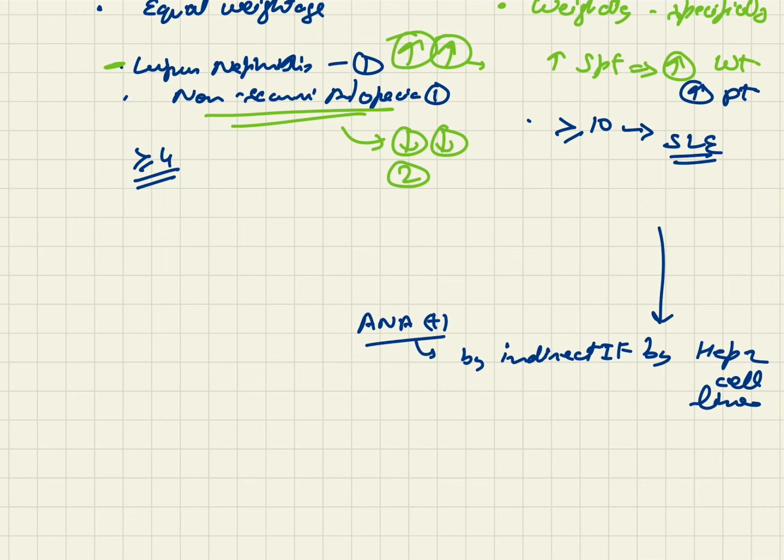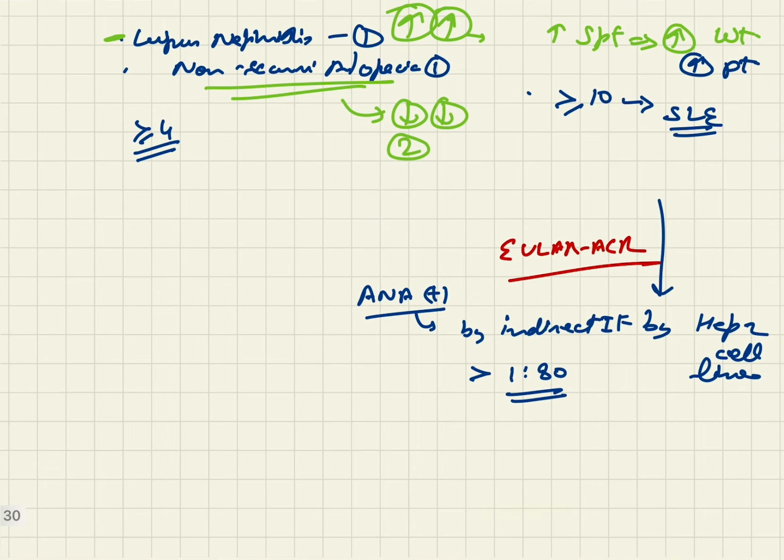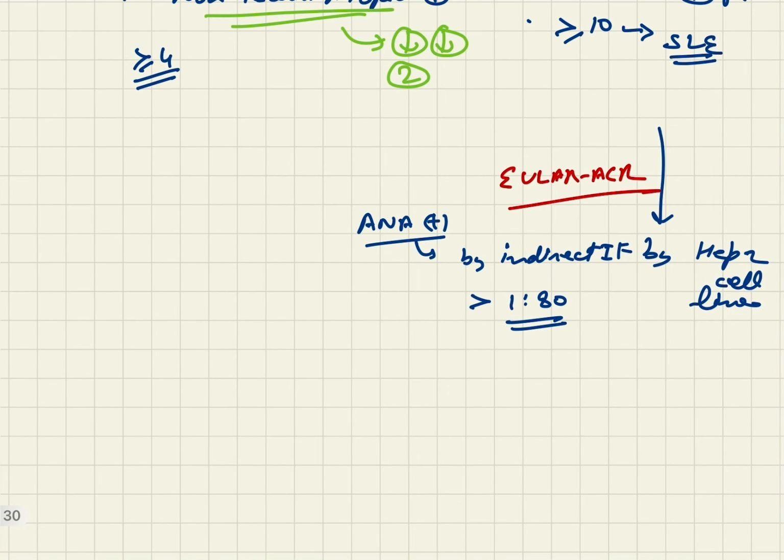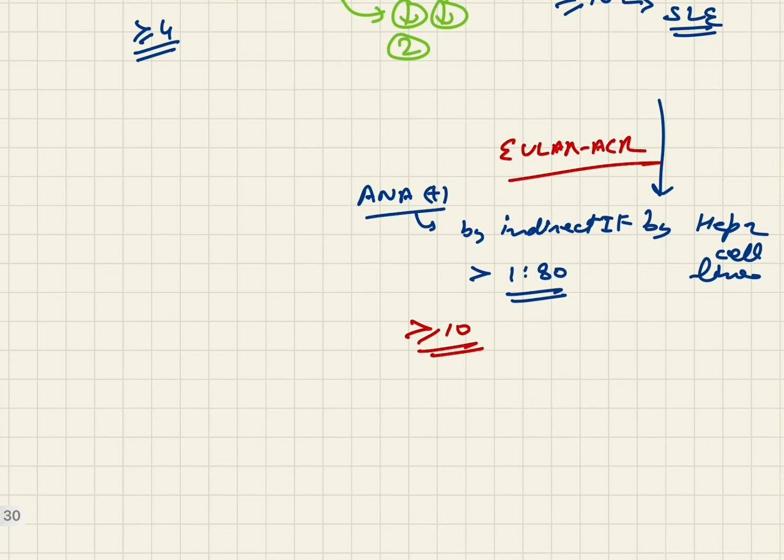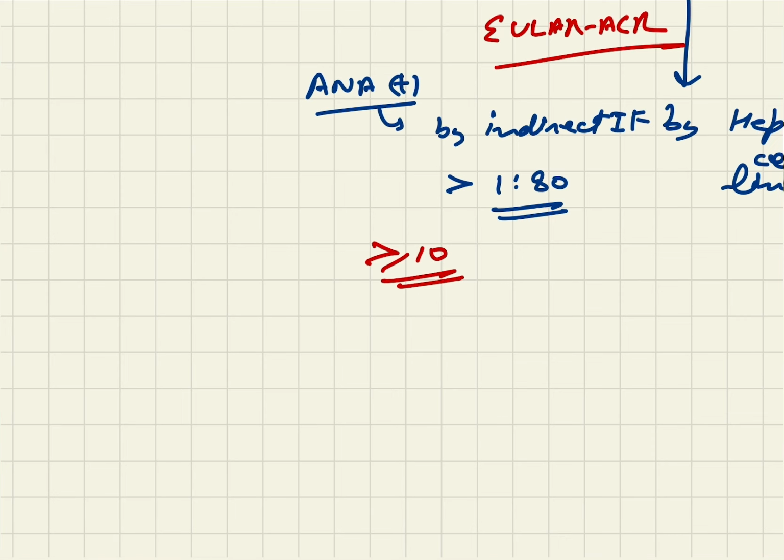This is the method to use for ANA, and only if the titer is 1:80 or more is it significant. This is a must-have, and after that, if we get a score of 10 or more, then we can diagnose the patient as having SLE.